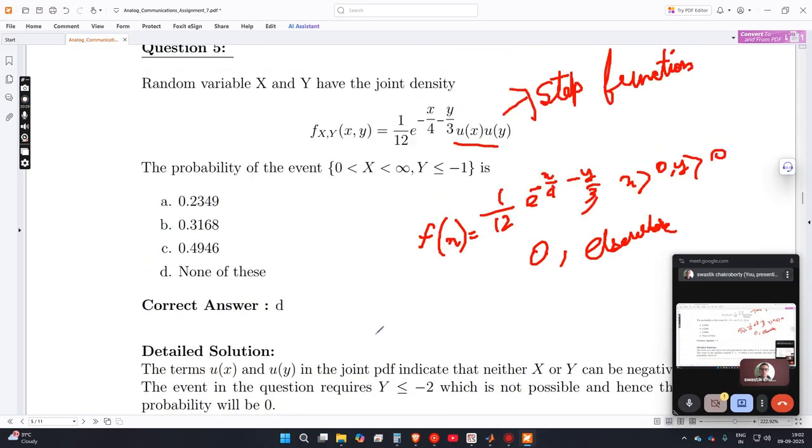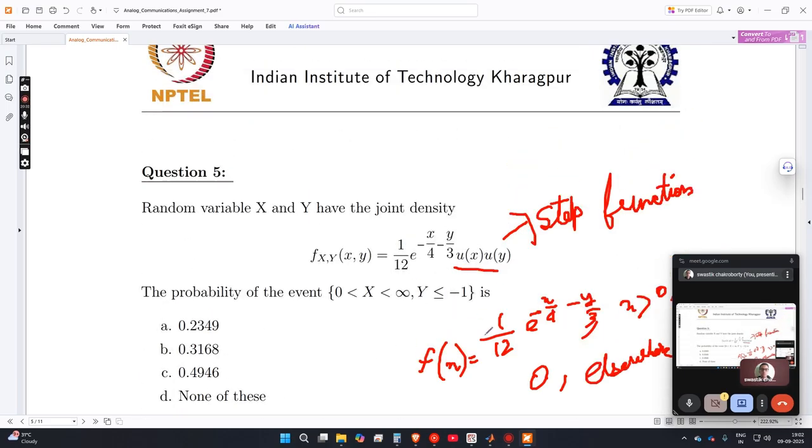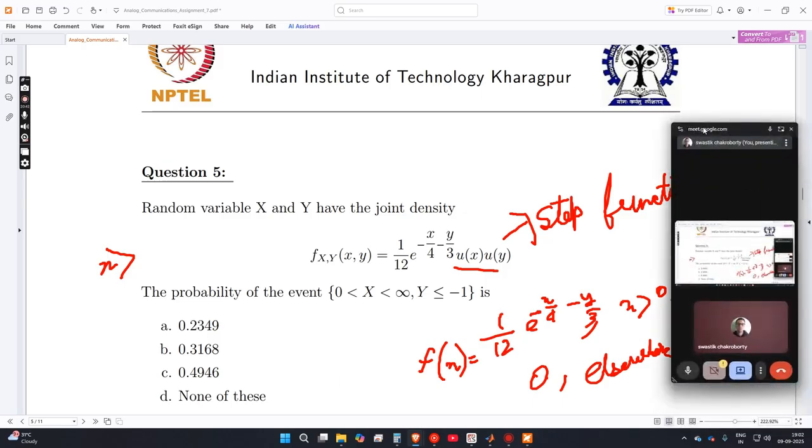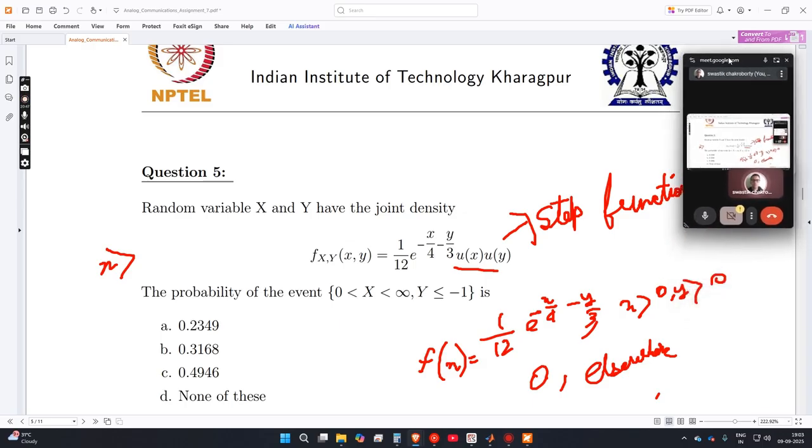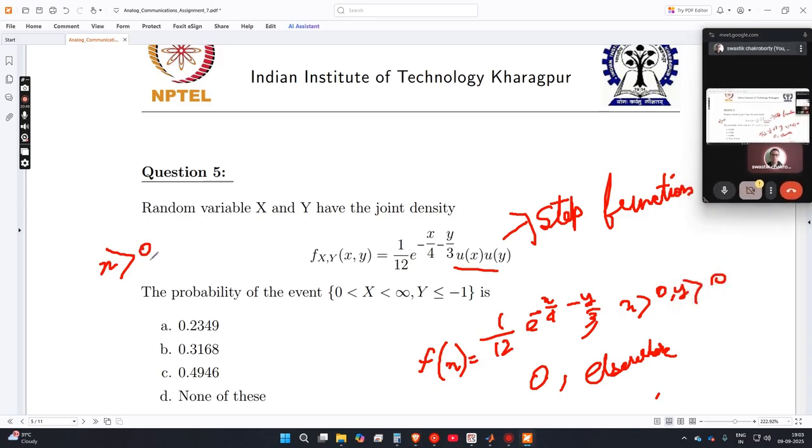If you look carefully at this particular density function, x is greater than 0 and y is greater than 0. That means y less than minus 1 is not possible. This is AND. So the probability of x lying between 0 and infinity, and y being less than minus 1.